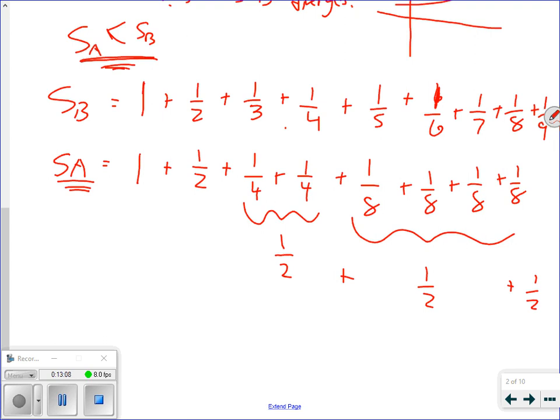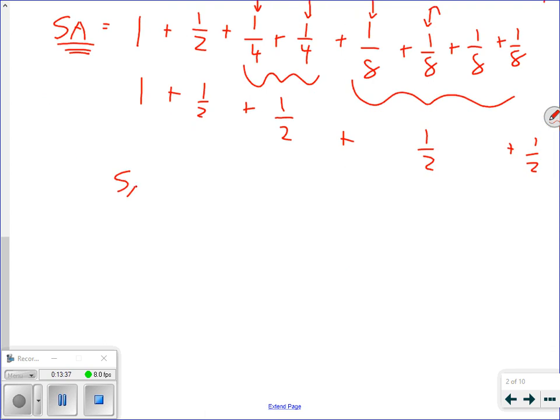Yeah, because if you compare the terms side by side, the fraction on the bottom is always equal to or less than the fraction above it. And series A simplifies to 1 plus 1/2 plus 1/2 plus 1/2, and that series is going to diverge, right?